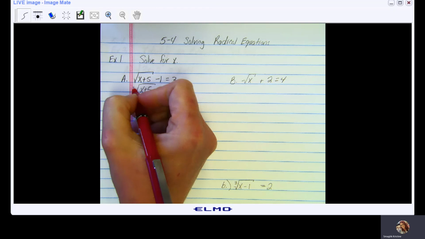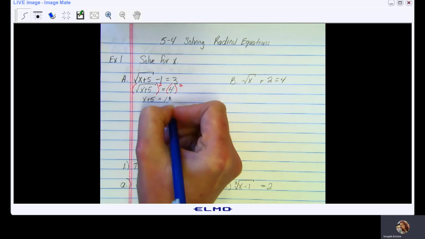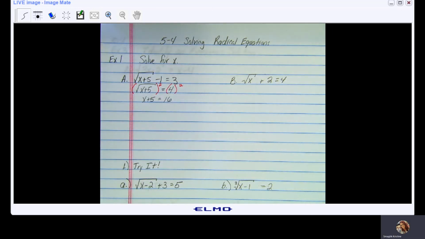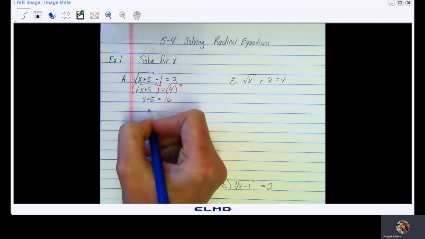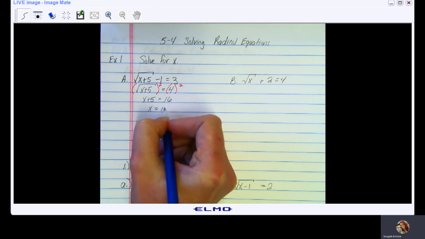So here, a square root can be undone with a square. Now I'm left with x plus 5 equals 4 squared, which is 16. And I'll subtract 5 from both sides, and I get x equals 11.